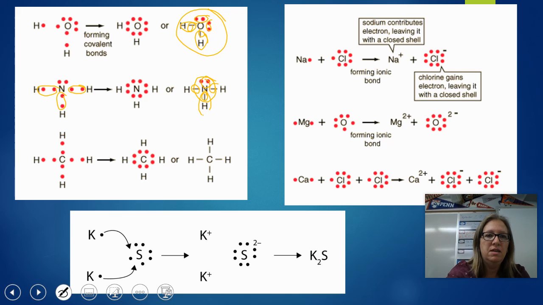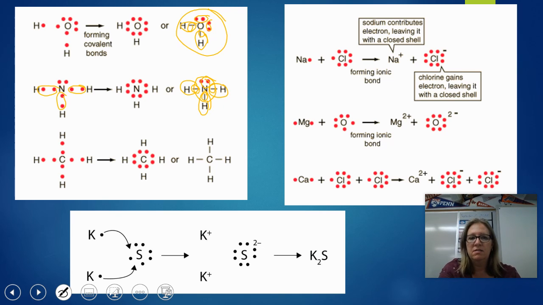And then each of these gives hydrogen the 2. Okay, then the CH4 down at the bottom, that's methane, same thing. Carbon has 4 valence electrons, it needs 4 more. Each hydrogen has 1 and it needs 1 more. So they are each sharing there. Each of those dashes means 2 electrons, okay?